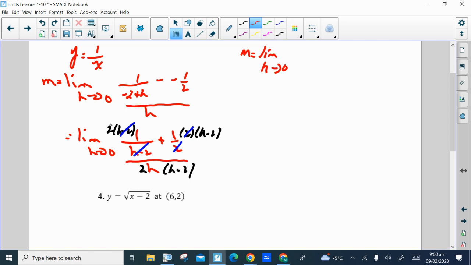So you're left with 2 times 1, which is 2, plus h minus 2, and on top, 2 minus 2 cancels, and so you're left with a factor of h on top, which will cancel with the h on the bottom, and we've gotten rid of our non-permissible value.